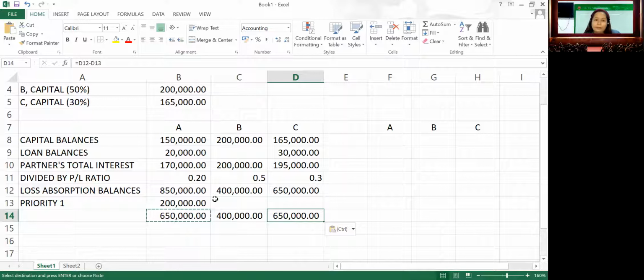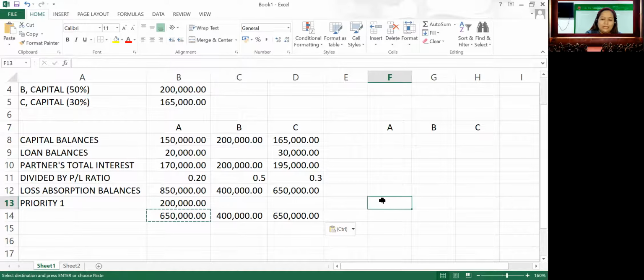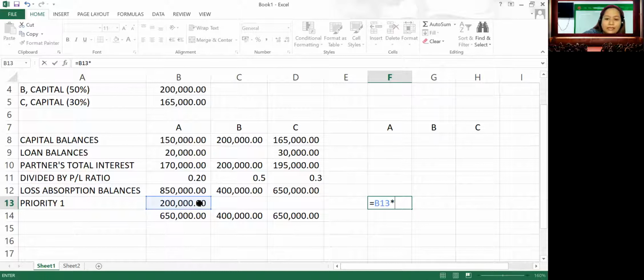Okay. Ma'am, ibig po bang sabihin, 200,000 ang ibibigay natin cash kay A once na maging available ang ating pera? The answer is no. Dito po papasok yung nandito sa right side natin. Okay? So that 200,000, you will be getting the percentage of the 200,000. Anong percentage po yung gagamitin natin? Yun pong kanyang P&L ratio.